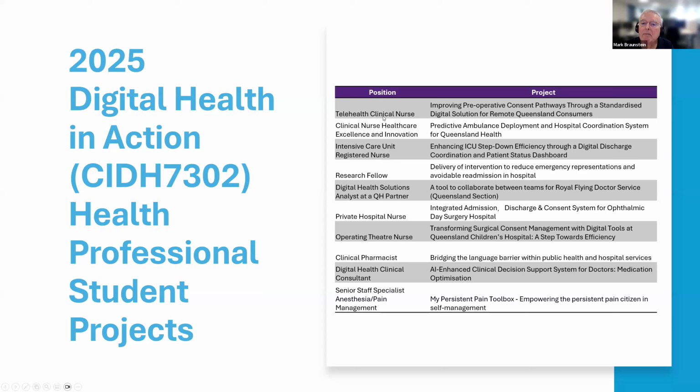So these first 5 projects are all about workflow and process, improving various processes from creating or obtaining preoperative consent to ambulance deployment to enhancing ICU step-down efficiency through digital discharge coordination and so on and so forth.